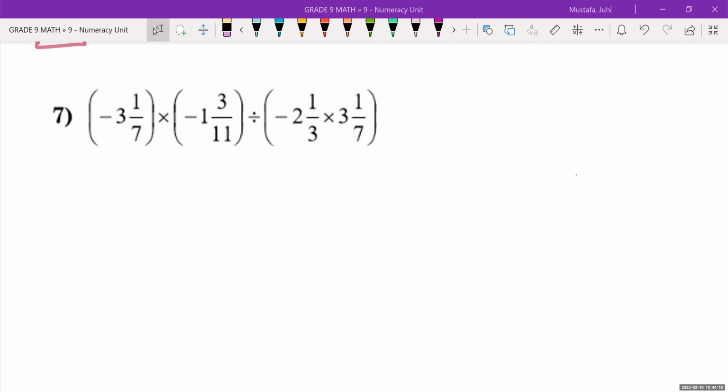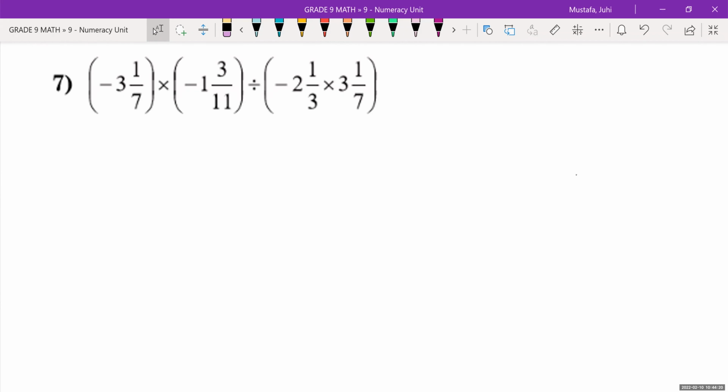So step number 1, we are going to go ahead and figure out all of the improper fractions. Does someone want to try that? Abisha, go ahead. Yep. You're fast.